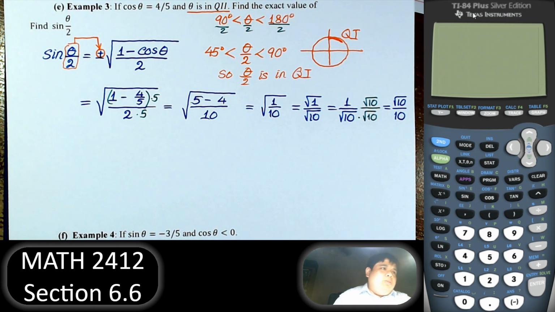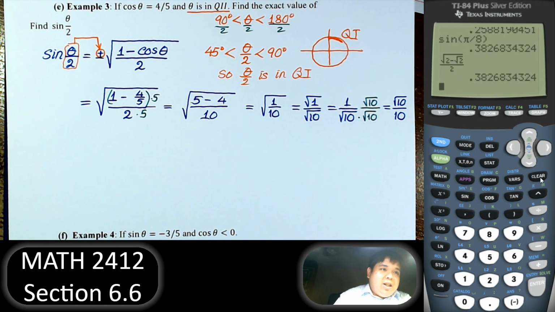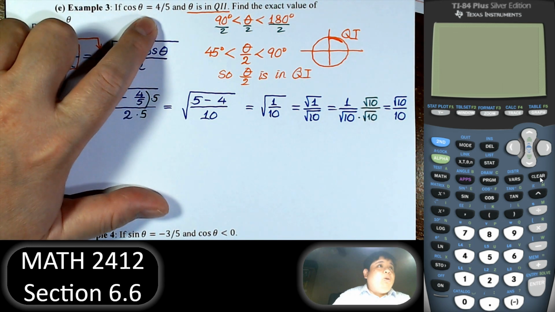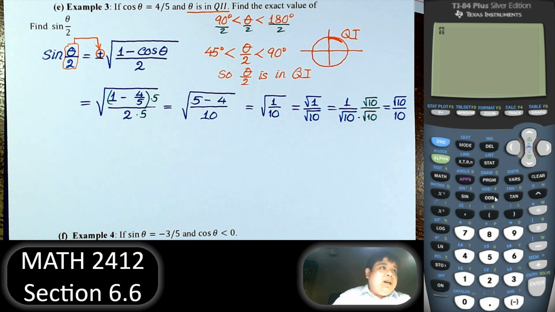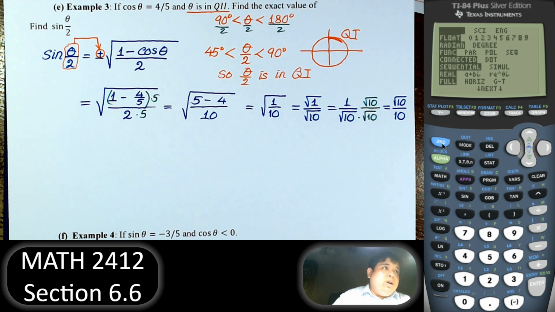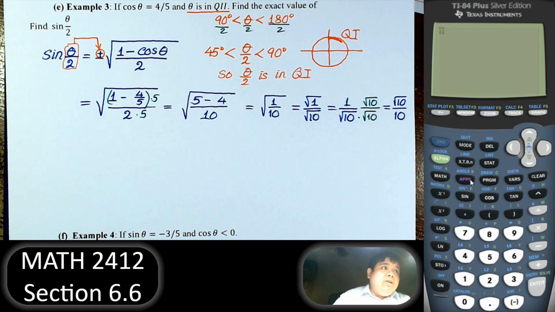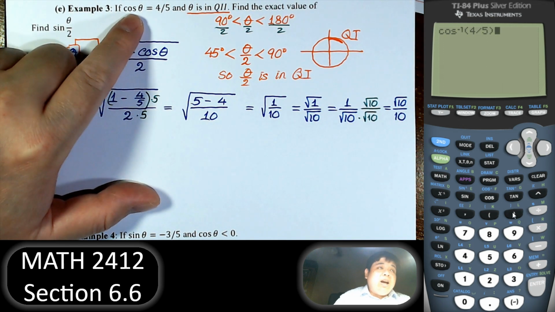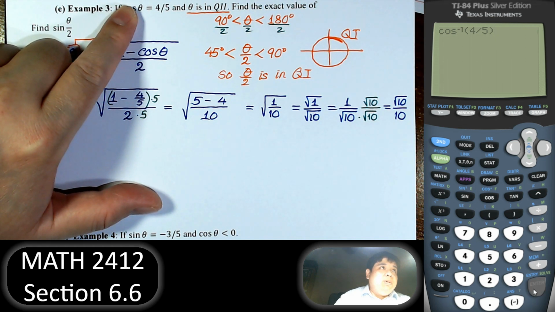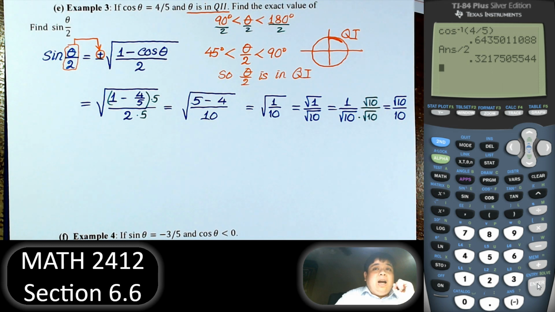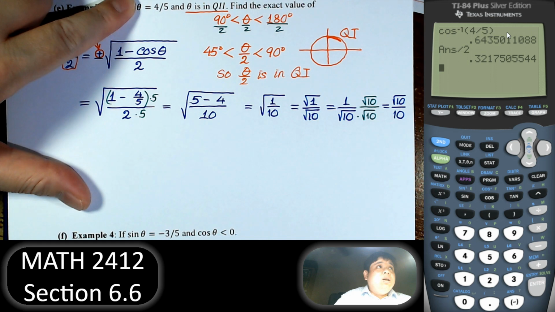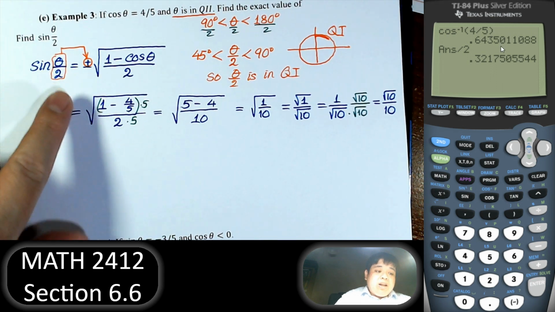Now, can we check? Cosine is 4/5. By the way, this is in radians, that's fine. Cosine inverse of 4/5 gives us theta, and divide by 2, so that is theta over 2.